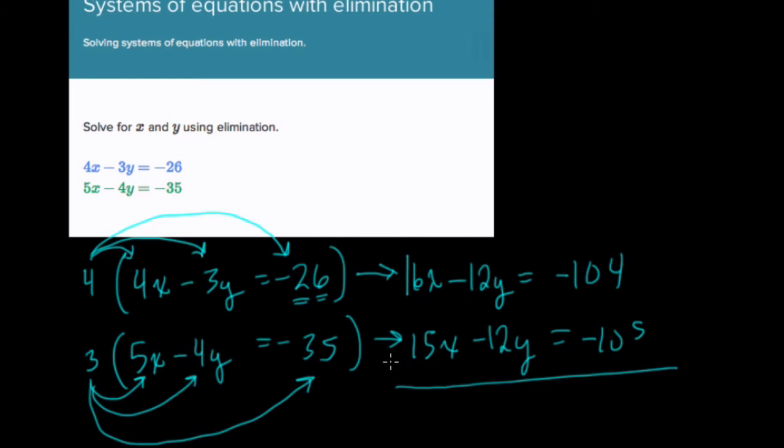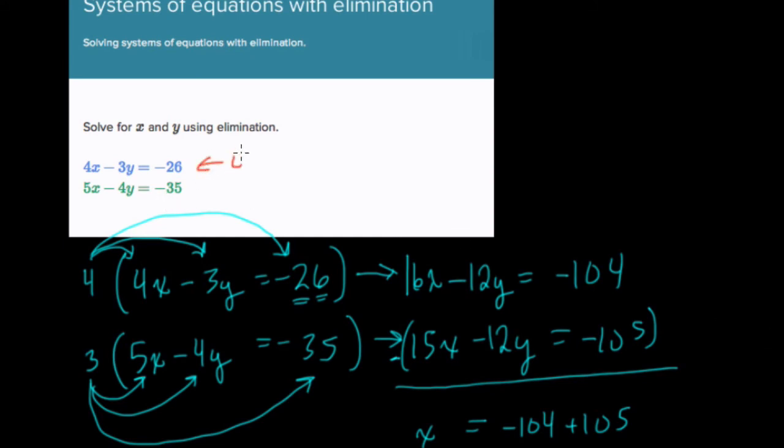That just means we're going to subtract the second equation from the first. 16x minus 15x, what's x? Negative 12y minus a negative 12y is negative 12y plus 12y, which is 0. Negative 104 minus a negative 105, that's plus 105, and that's just 1, so x equals 1.